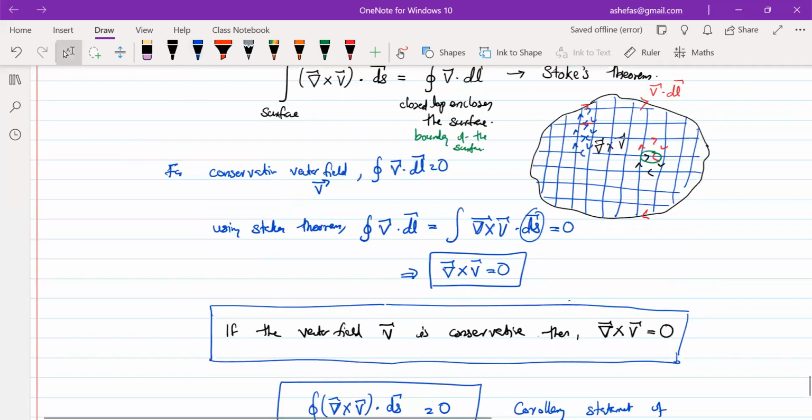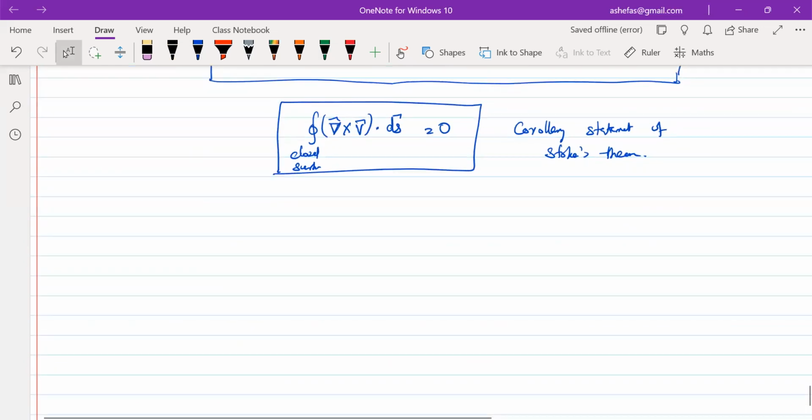Next we have to define two more things: the curl-less vector field and the divergence-less vector field. We have already said what is meant by a curl-less vector field. A curl-less vector field is also called a conservative vector field.